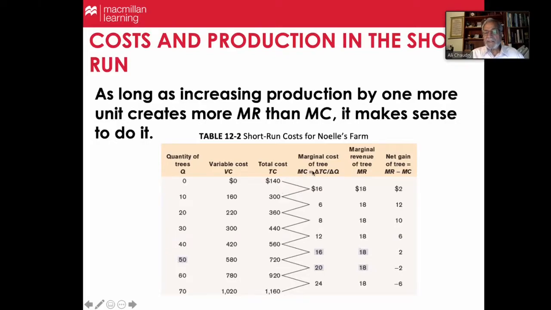So 160, that's the change in the total cost, divided by the number of trees that we added, the change in the output, that's the delta Q, we get $16. The marginal cost is $16 at this point. Is that clear?